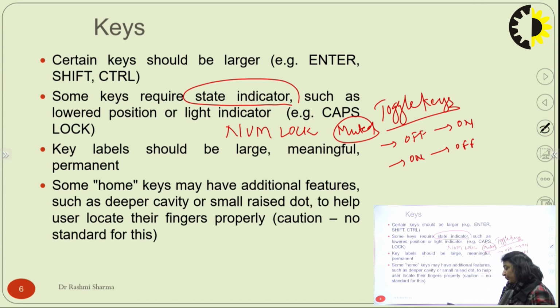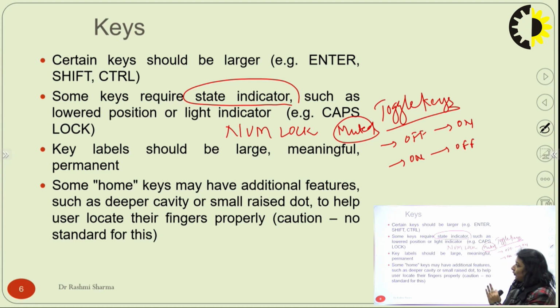On laptop keyboards you have this mute key with a light indicator. So these are the toggle keys which tell you that they have been activated or deactivated depending on the light which is on.